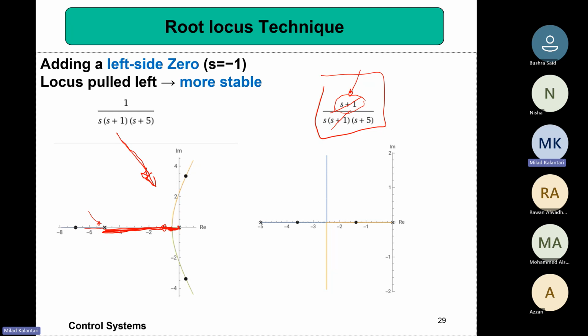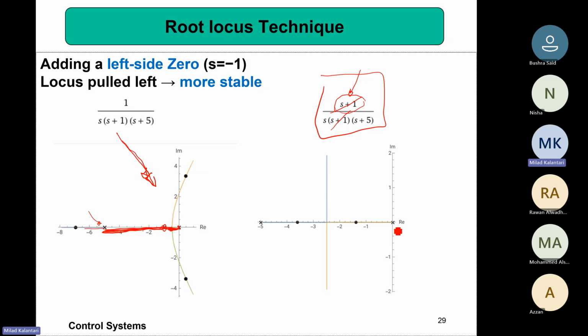And first of all, even if you do not continue, we will see that this is already stable, it cannot go to the right half side, right? But you need to find where the location of the collision is and that kind of thing again, based on the root locus rules or any other ways we already described, right?